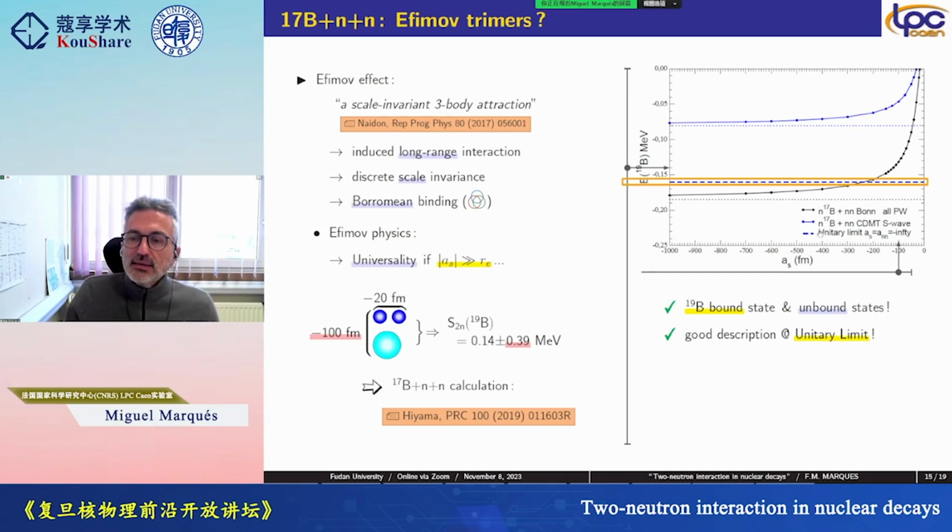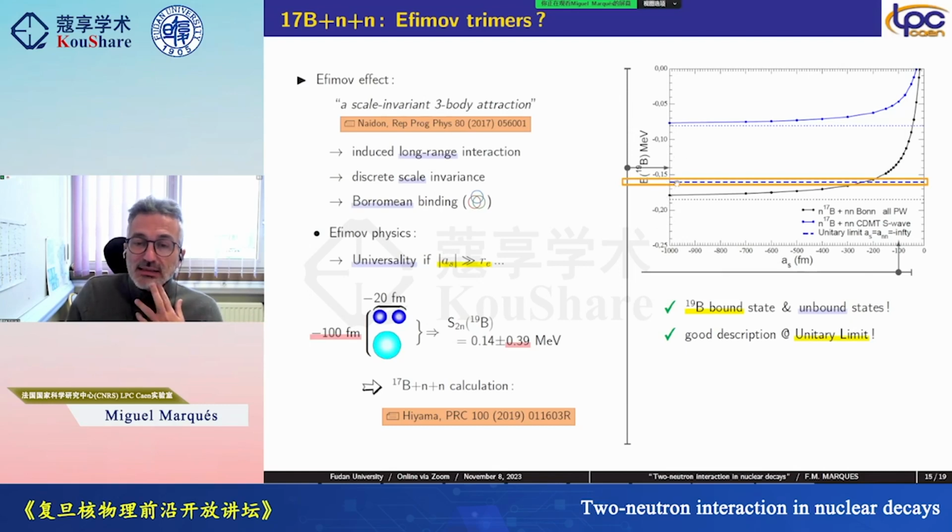And this is called the unitary limit. Before the unitary limit, you say that the system depends only on the scattering length. You don't depend on the details of the potential, but at the unitary limit, you don't even depend on the scattering length. You take it to infinity and you have properties of the system that are universal.